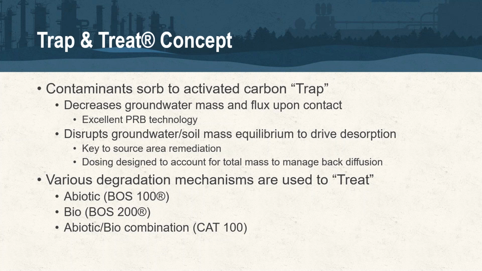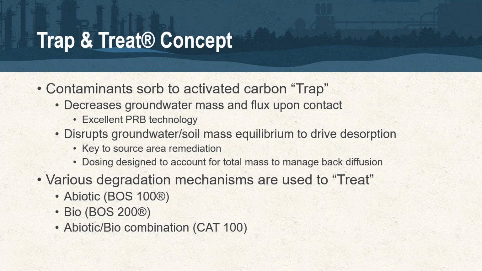So just to review what we call the trap and treat concept. Intuitively, we're using the activated carbon as the trap component. Depending on where you are, whether you're at that distal end of the plume or in the source area, it functions a little differently.